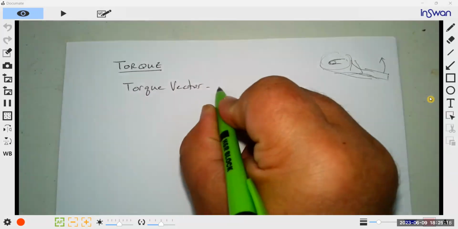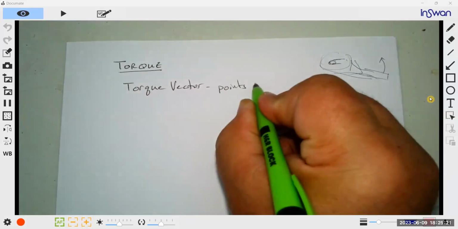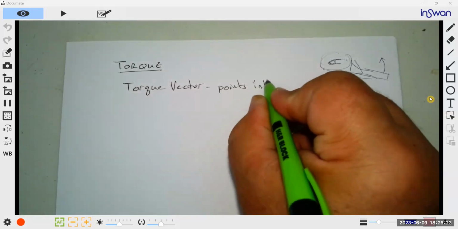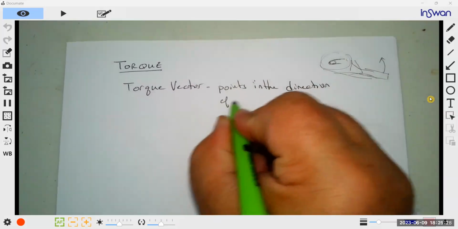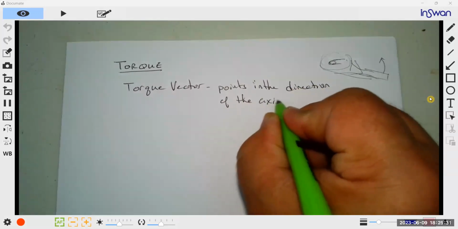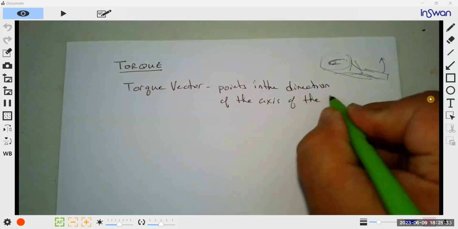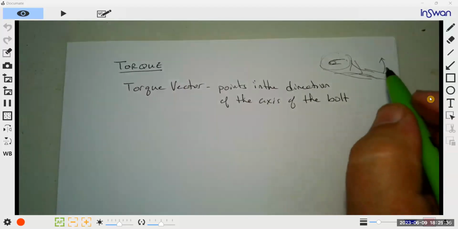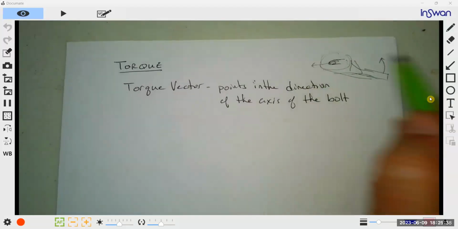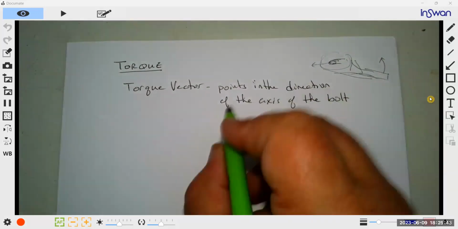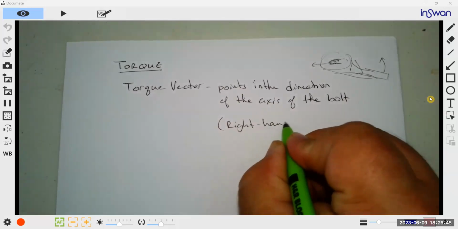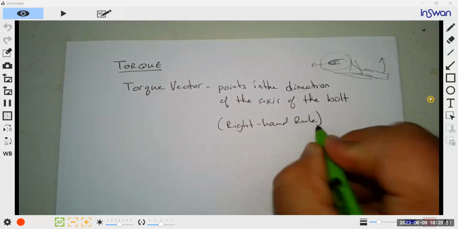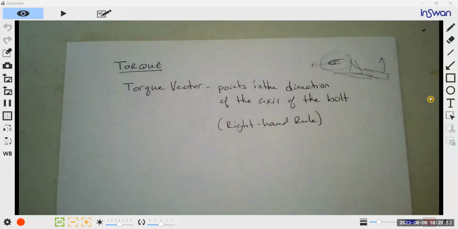Okay, so that's what we're looking at here. The torque vector points in the direction of the axis of the bolt, according to the right-hand rule.